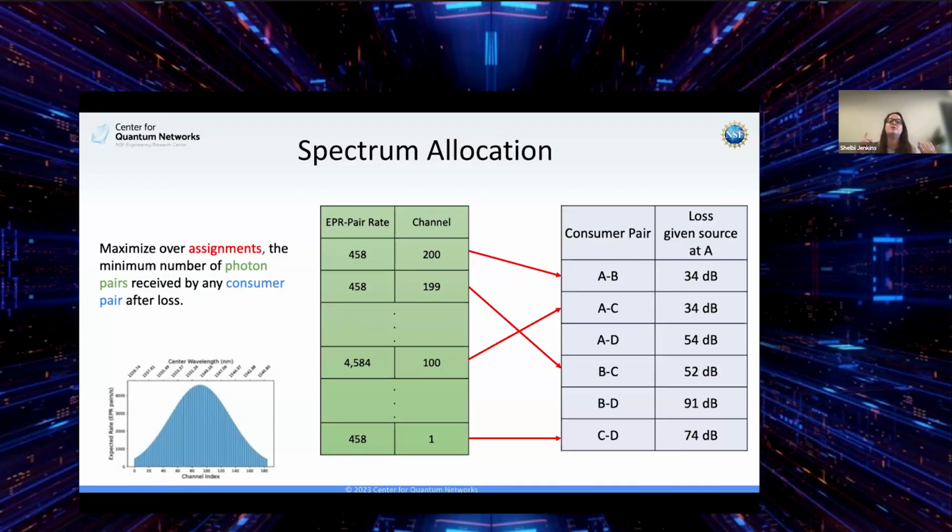We used two measurements. One was trying to maximize the minimum number of EPR pairs that every single consumer node received. The other was the Jain index, which in resource allocation is a standardized measurement of fairness across the network.